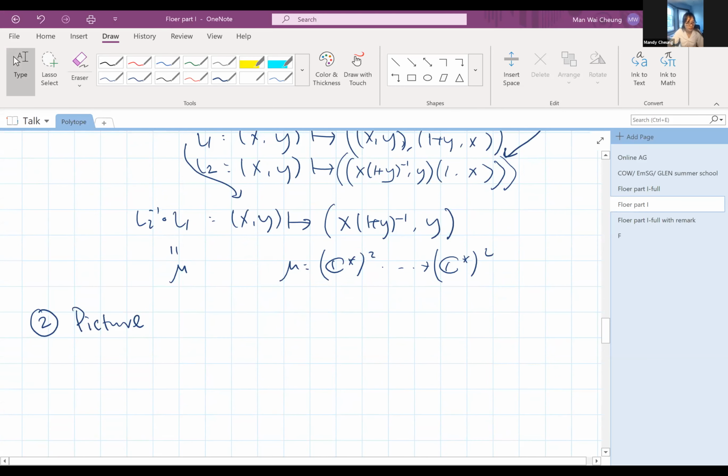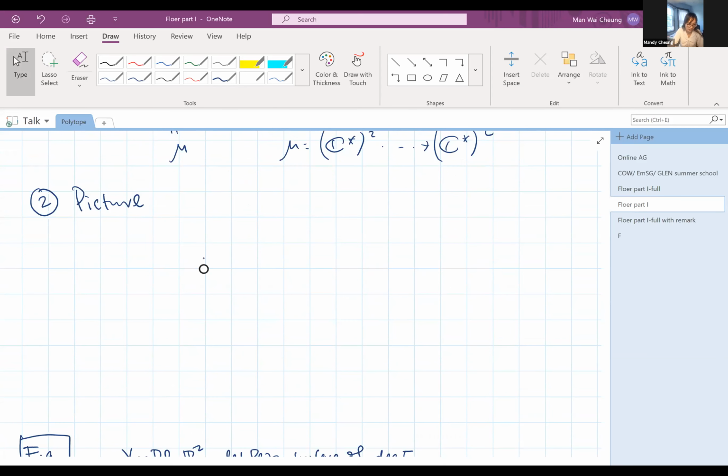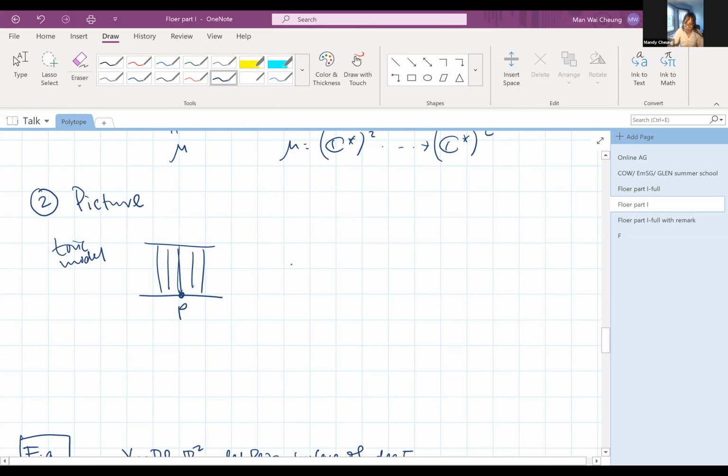And the second way is to do it by picture, which I kind of partially compactify. Here I'm looking at this Toric model, which is P1 cross C. And then here I blow up at this point P. Here is a curve with self-intersection 0, and self-intersection -1.